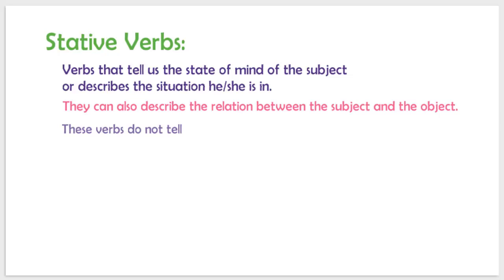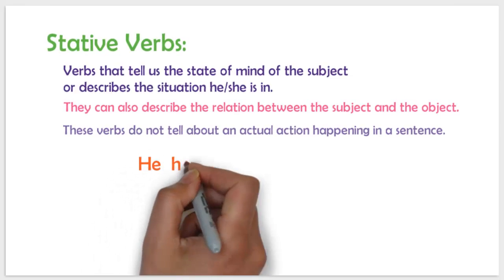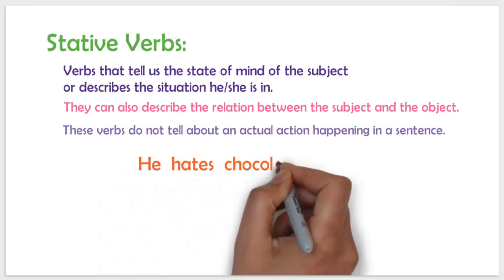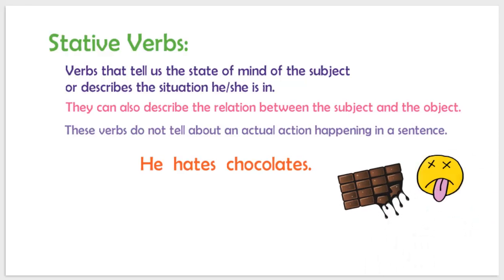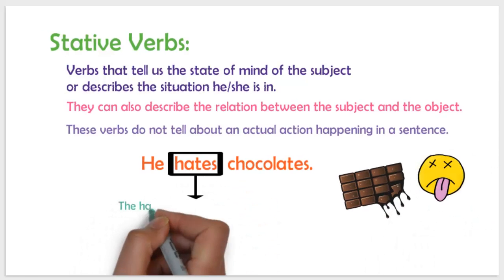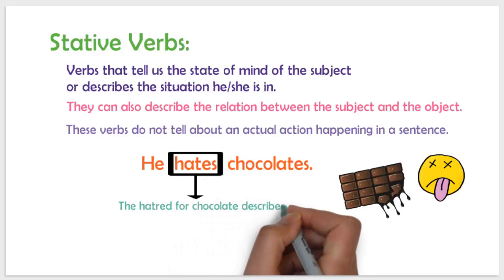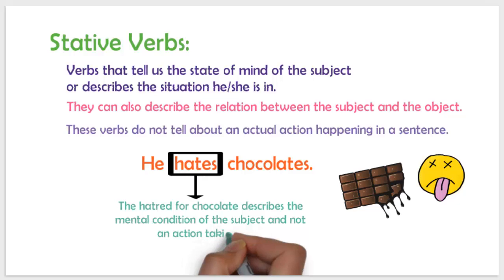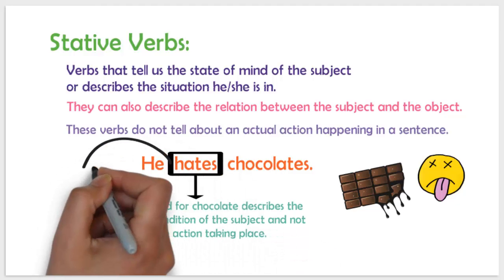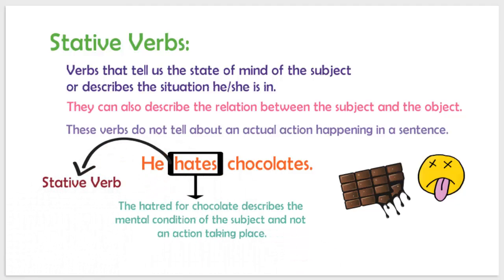These verbs do not tell about an actual action happening in a sentence. For example, he hates chocolates. Here, the hatred for chocolate describes the mental condition of the subject and not an action taking place. So, hates is a stative verb.